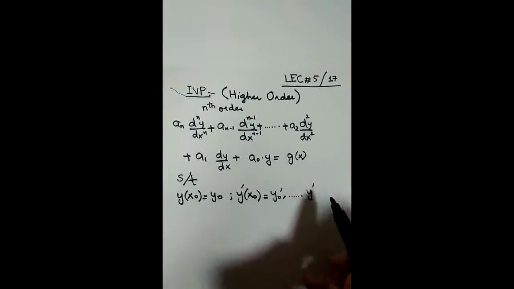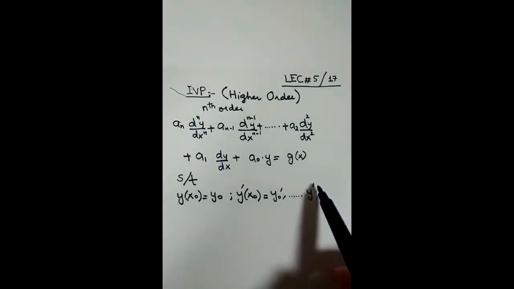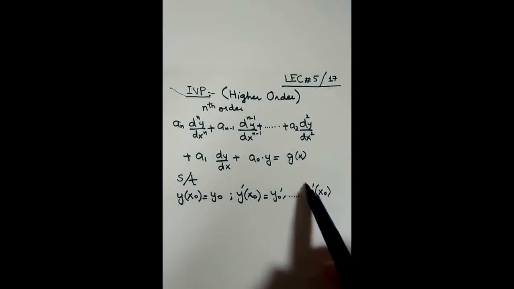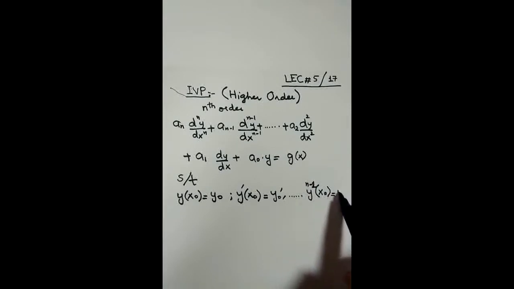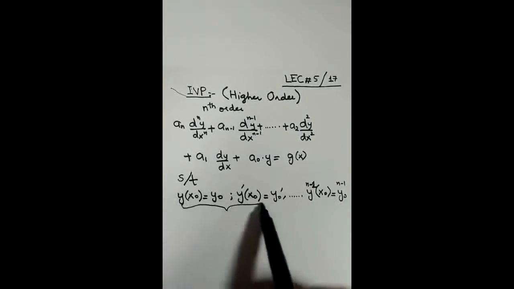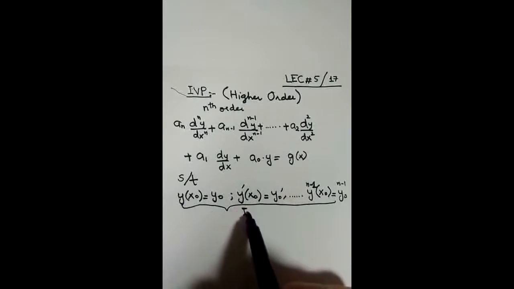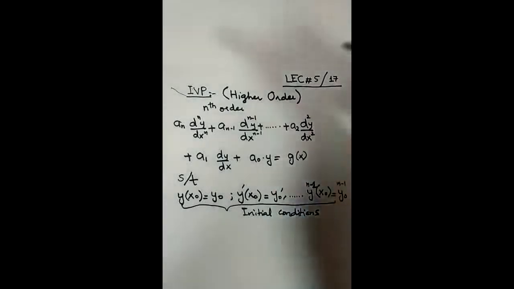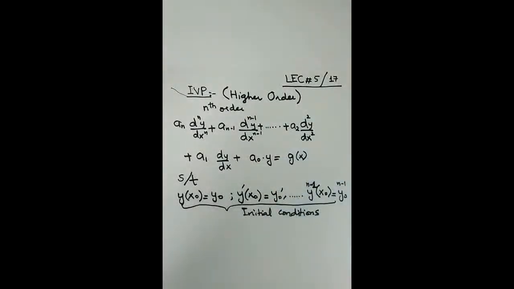The last condition is the derivative of order n minus 1 of y at x naught equals y naught of n minus 1. These conditions are called initial conditions, and this problem as a whole, along with the differential equation, is called an initial value problem.